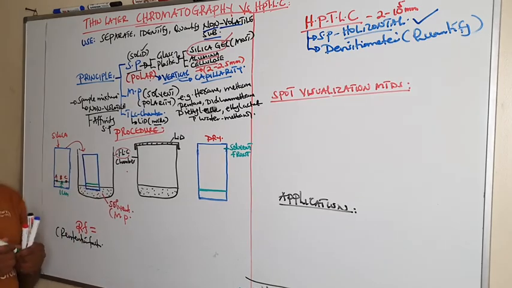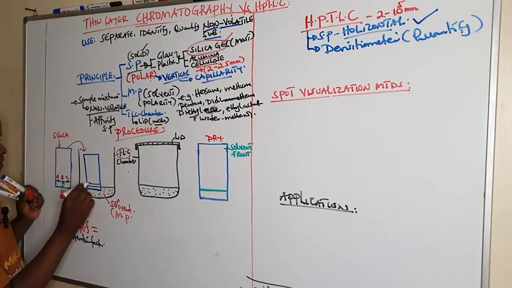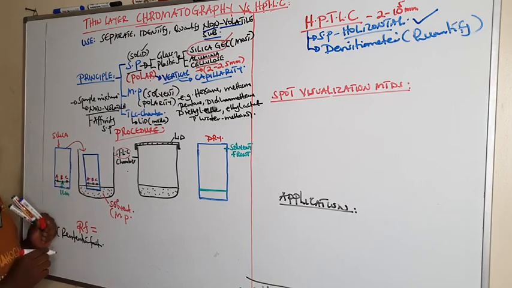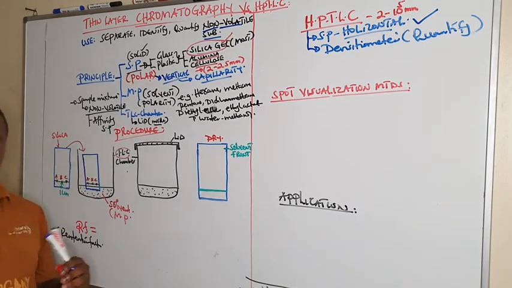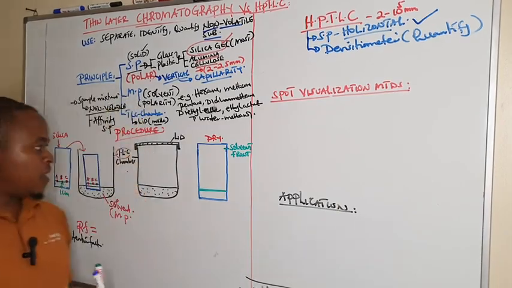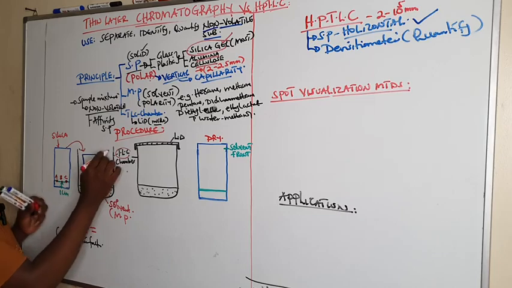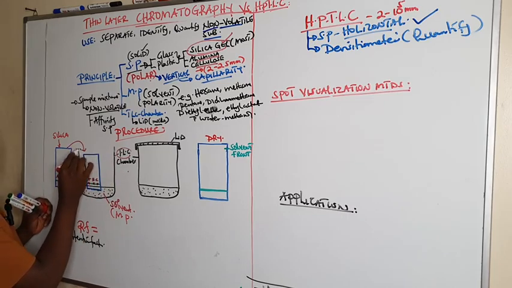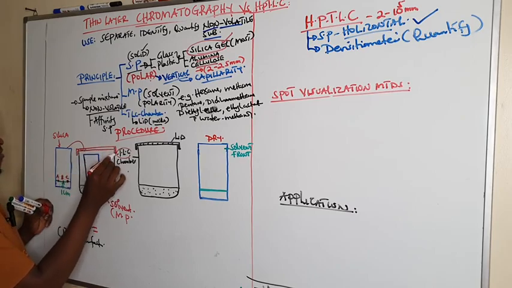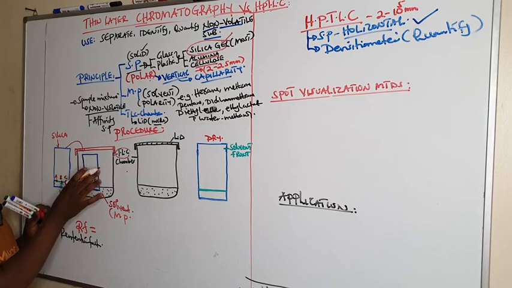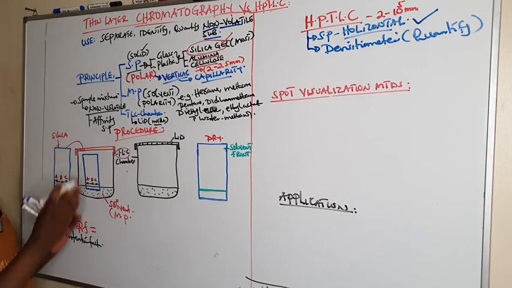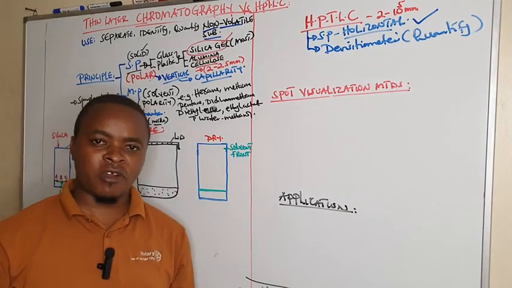So this was the line which was put, and these are my spots or dyes A, B, and C. After placing it in the TLC chamber, we apply the lid to keep the humidity or the vapor within, so that the environment remains the same and to prevent it from drying.